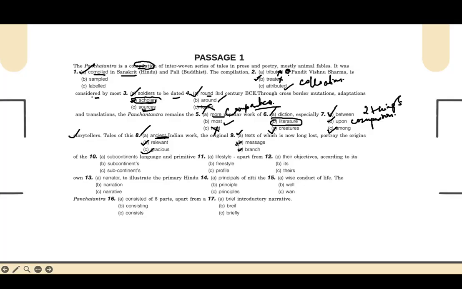Again, I can see text fits better here because of the idea of written material now lost. Okay, text. Message, too narrow in meaning, right? Branch, unrelated to this context. We cannot even think about this option. So again, read this again. Tales of this ancient Indian work, the original text of which is now long lost.